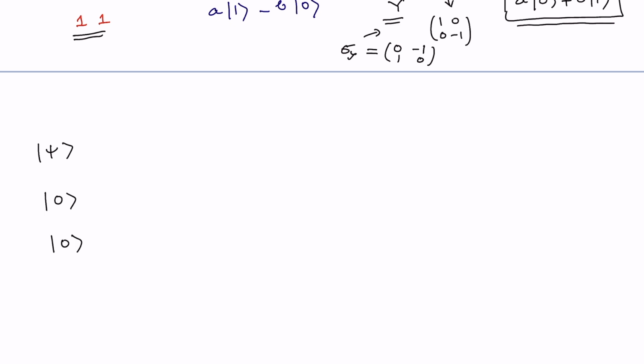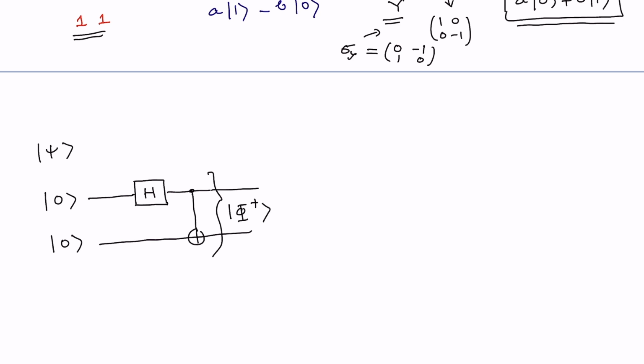This Bell state can be constructed by this process: if the input to the Hadamard gate is 0, and in the second wire a CNOT operation is made, then this is going to generate, as you can check, I think we have done it in the last class, the entangled state phi plus.